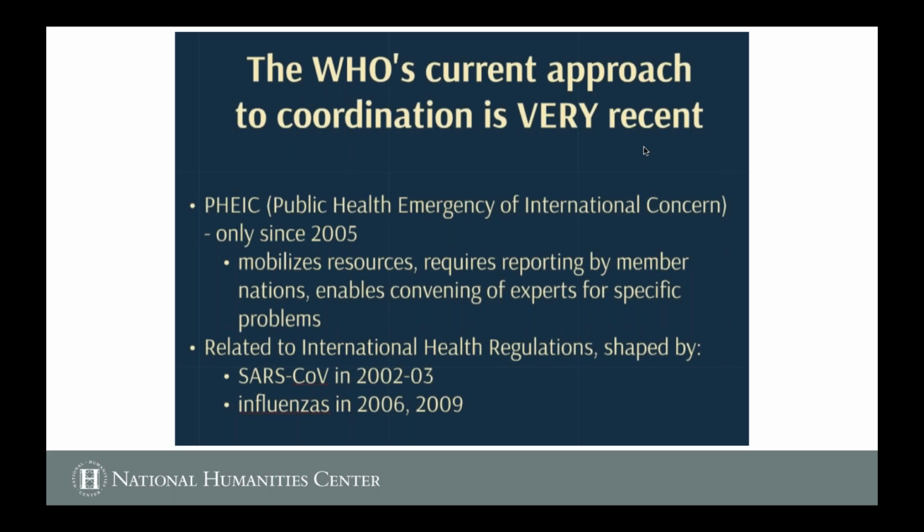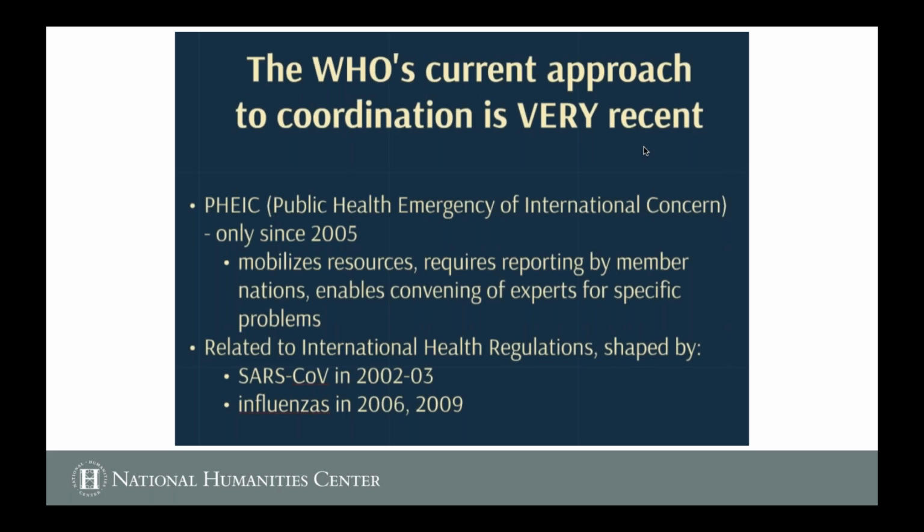And it's a designation like declaring a state of emergency, which allows the WHO to mobilize particular resources. It requires reporting by member nations, so it helps with monitoring disease. But then it also allows a convening of an expert committee that will address this particular problem.